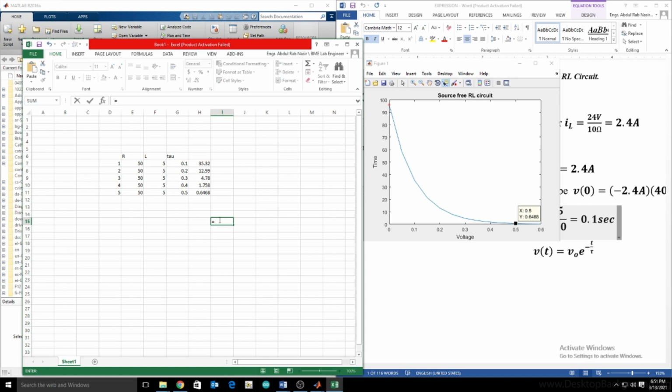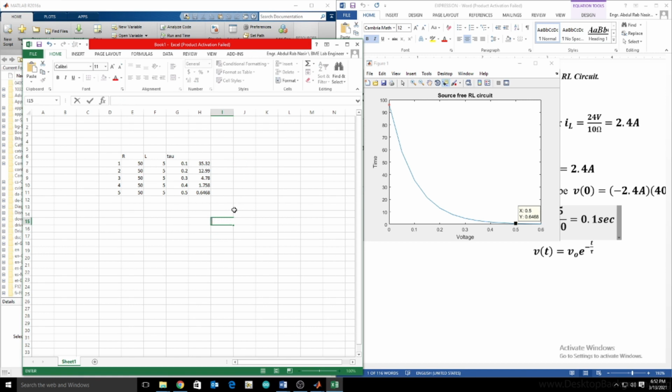Let's see the initial value, which is 96. If I am going to calculate its 63%, I have to multiply it by 0.63, or 0.37. So I'm telling you how much drop happened here.